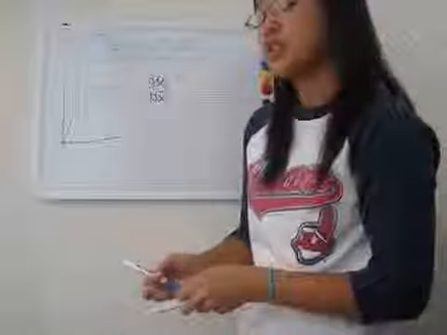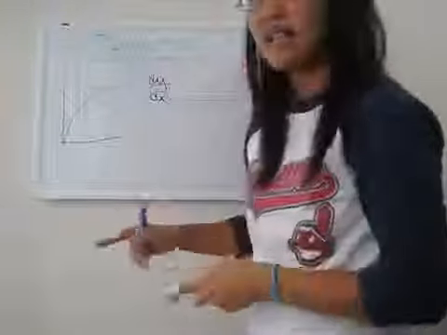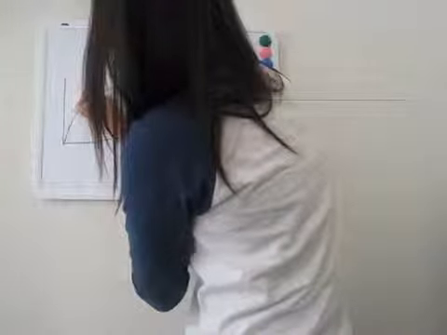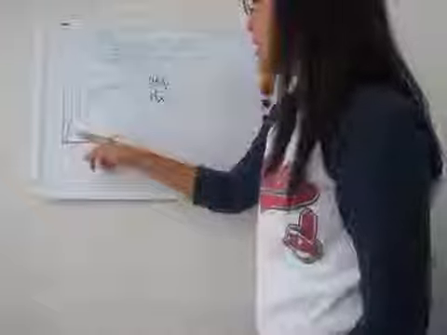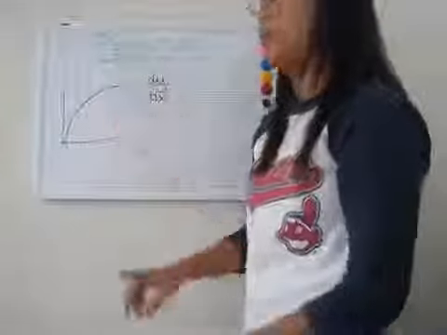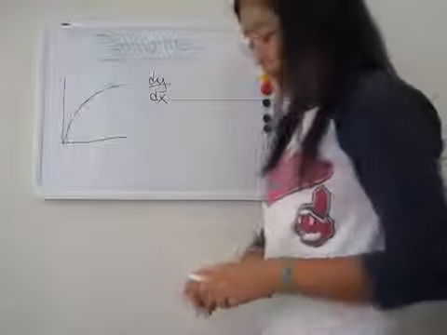If we're talking about the instantaneous slopes of this graph, you can see that at about here, your slope is going to look like that. Here, your tangent is going to look like that. And then here, it'll be like that. So you can see that at each of these points, the slope is going to be different.